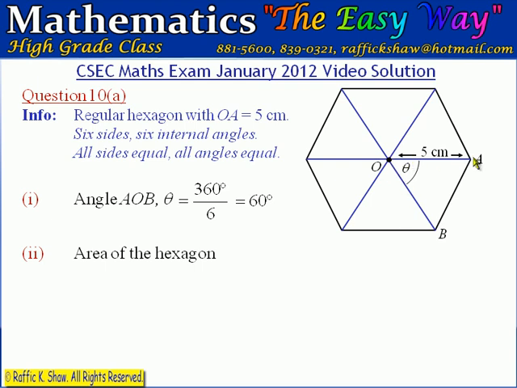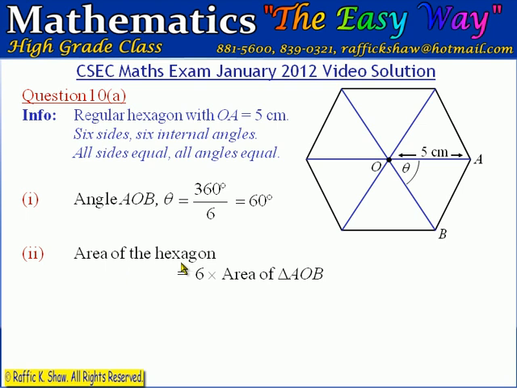Remember that because this side is 5 centimeters, it means also that this side is 5 centimeters. So in this triangle here, what we would have is 2 known sides and a known included angle, a known angle between those 2 sides. And let's go ahead and show what we would use to calculate the area of this triangle, then multiply that area by 6 to get the area of the hexagon.